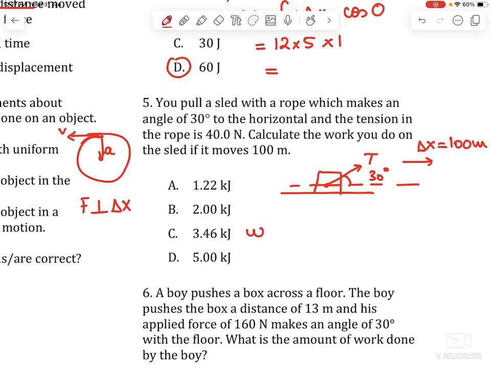So the work is equal to the force times the distance times cosine of 30, so cosine of 30 times 100 times 40. That gives 3480 joules, which in kilojoules is 3.48.